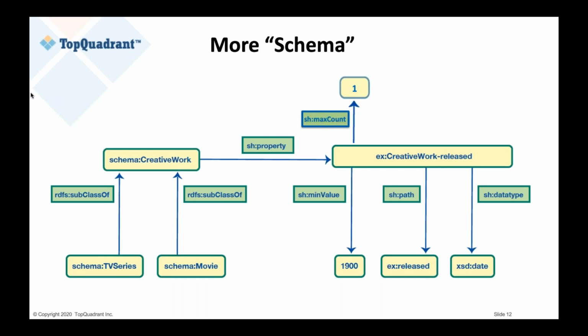You could argue with that and say it could be released in different markets on different dates, but that's a decision we made in this particular model. Furthermore, we also say that the date has to be 1900 or later. That's what we decided for our particular model in our world, because we reason that TV series and movies are a fairly recent introduction.